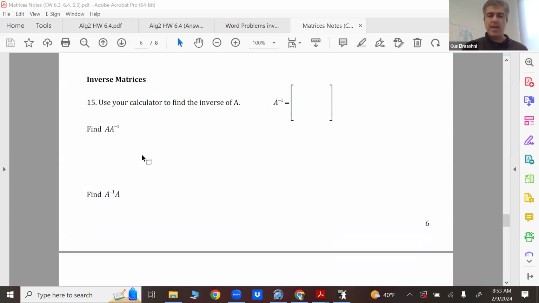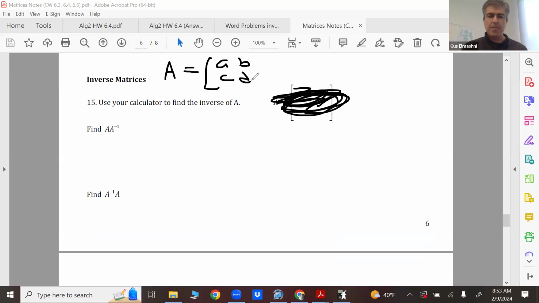What is an inverse matrix? Now, an inverse matrix looks like this. Let's say A is this, just being hypothetical. Then the inverse matrix looks like this.